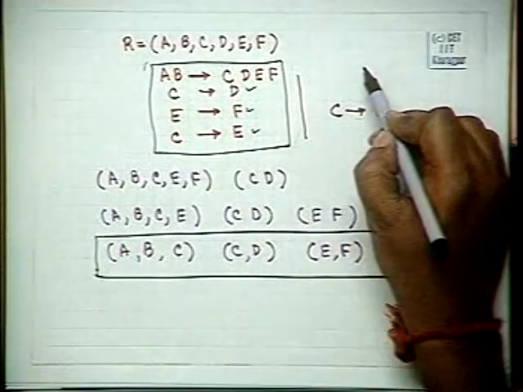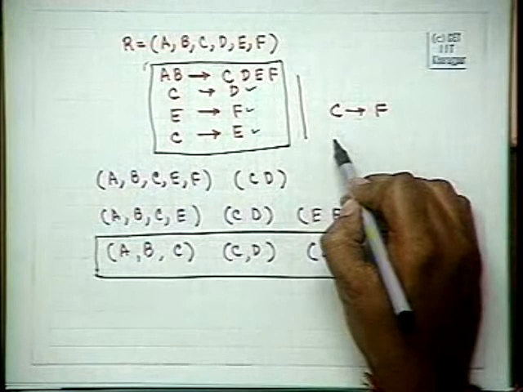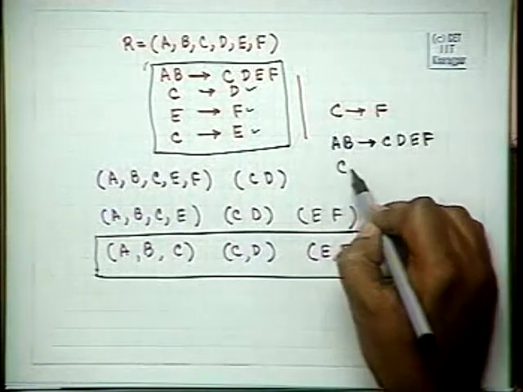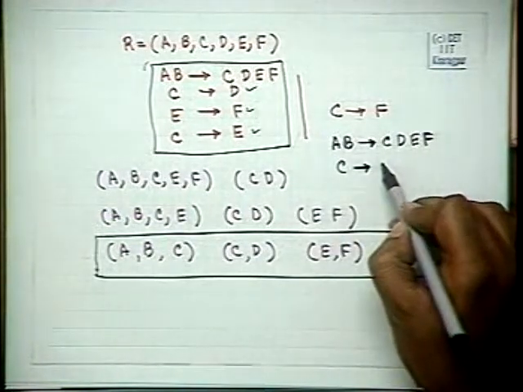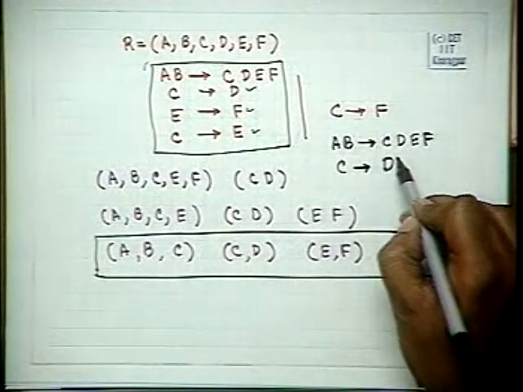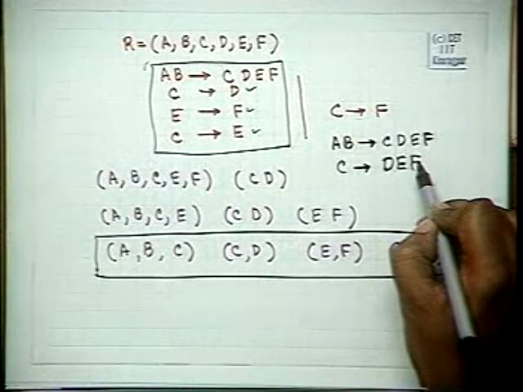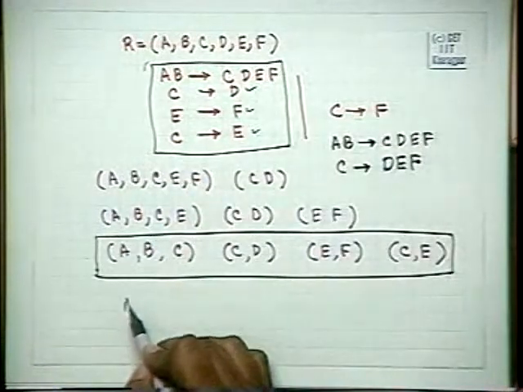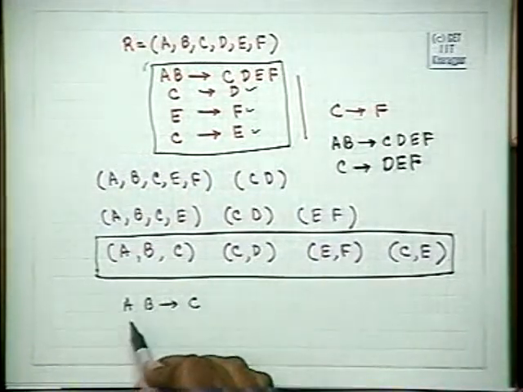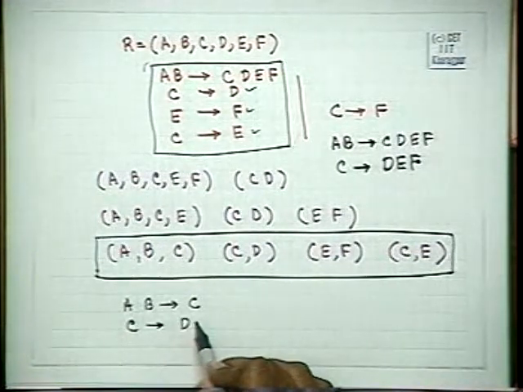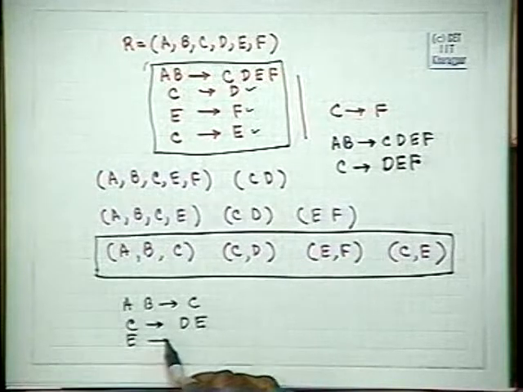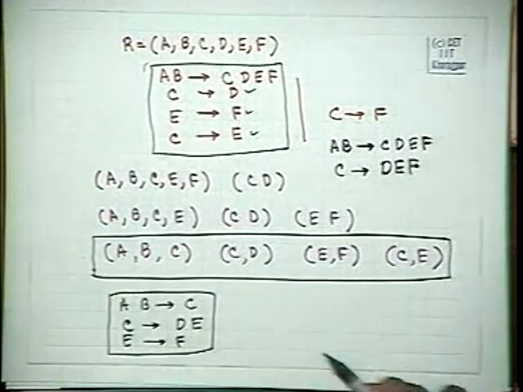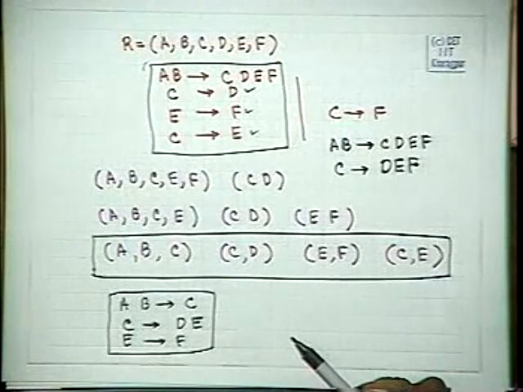But look at, we have to check AB depends on C, D, E, F, and C functionally determines D, it also determines E, it also determines F. Therefore, a canonical form of this can be AB to C and C to DE and E to F. And if these functional dependencies are checked individually on the individual relation schemes, then it is sufficient.